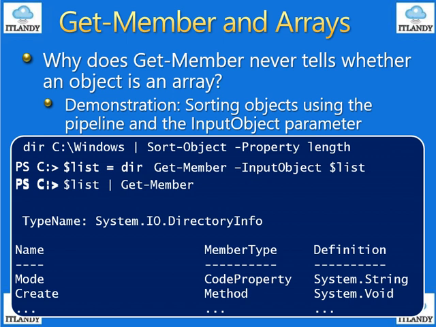For example, if you store the result of Get-Process in a variable and pipe that to Get-Member, you will see the definition of the System.Diagnostics.Process class, as you can see on the slide or screen.